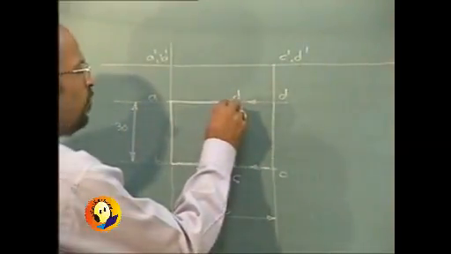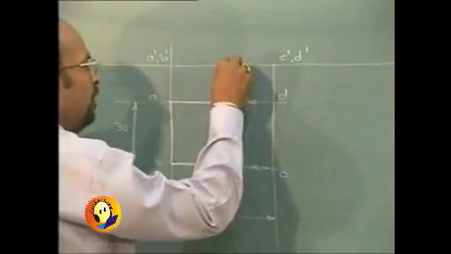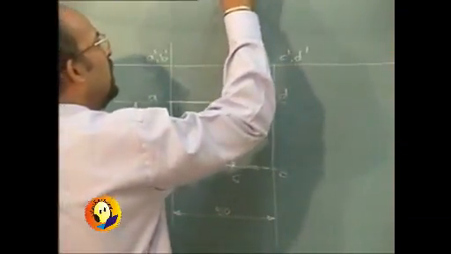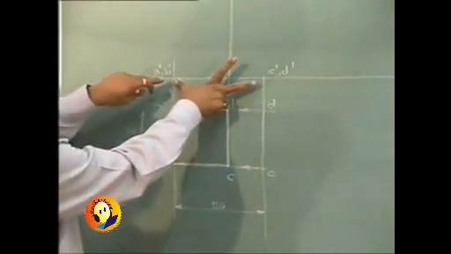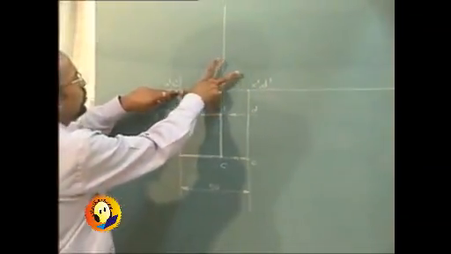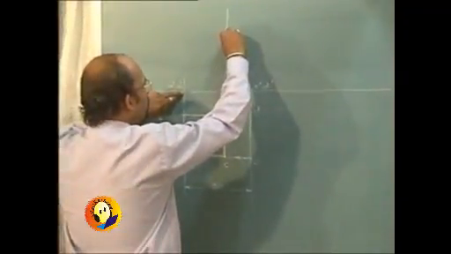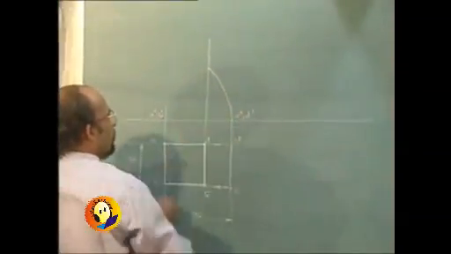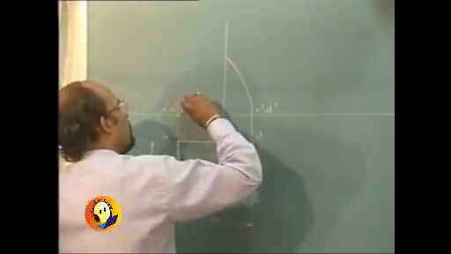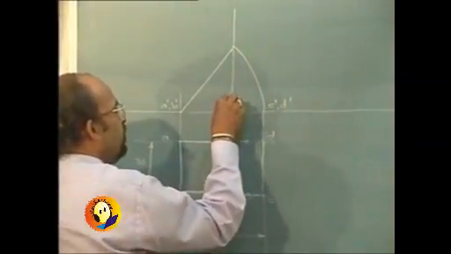Our procedure was to get C and D through the rotation, but now C and D are available. We will draw projector through C and D, and the line view should be rotated so that C dash D dash should be on this line, and so when we perform the rotation, so it was this step drawn first.